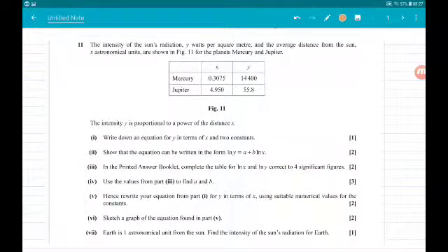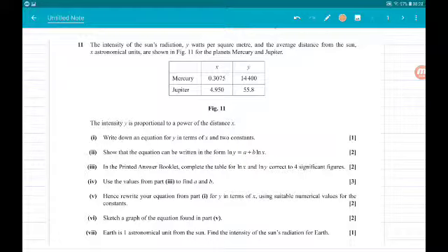Okay, question 11, the final question, 7 parts, 13 marks. So, the intensity of the sun's radiation, Y, watts per square metre, and average distance from the sun, X astronomical units, are shown in figure 1 for Mercury and Jupiter.